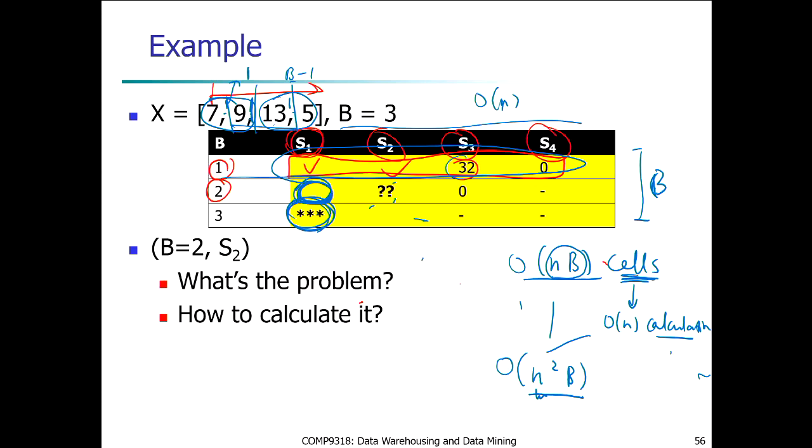And if you want to summarize millions of values into bins, you definitely need hundreds of bins. So you are looking at a complexity of about 10 to the power of 14.